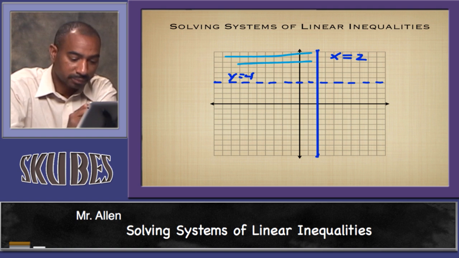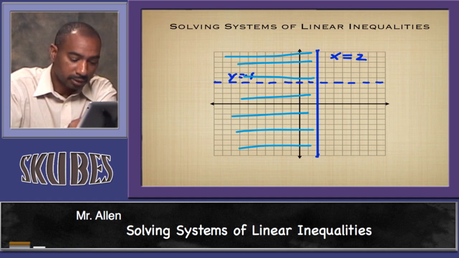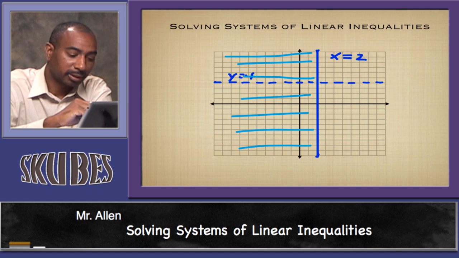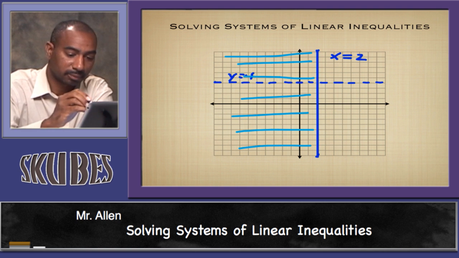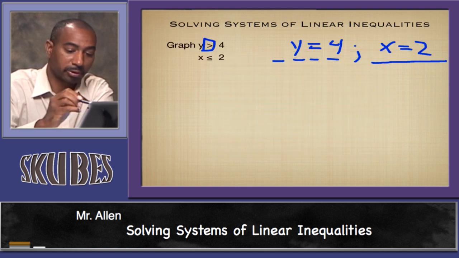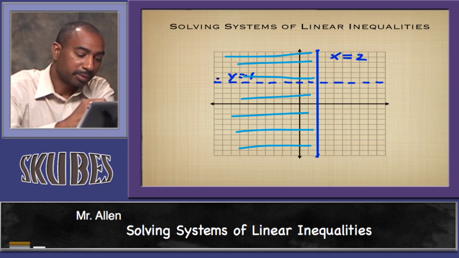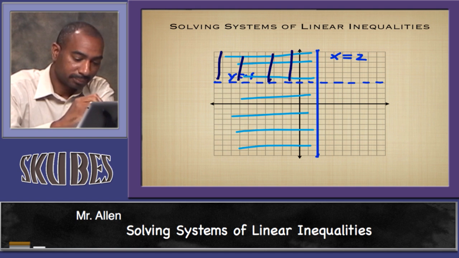And in the other one, the dashed line, it said all numbers that are strictly greater than 4. Let's look back. Strictly greater than 4. So you're going to shade up. Everything above the line, you're going to shade up.